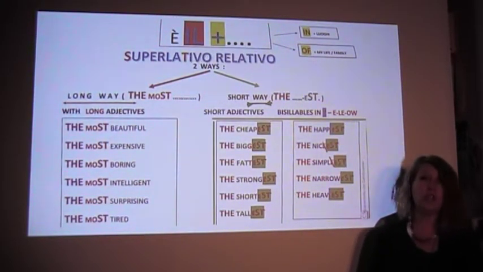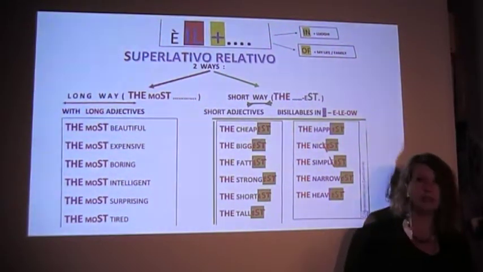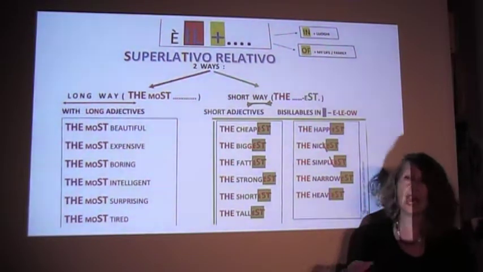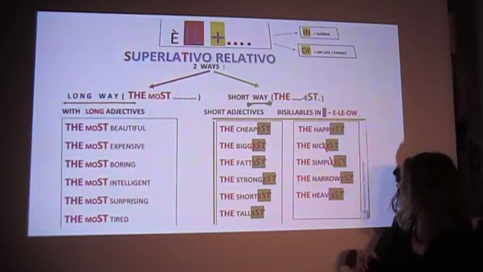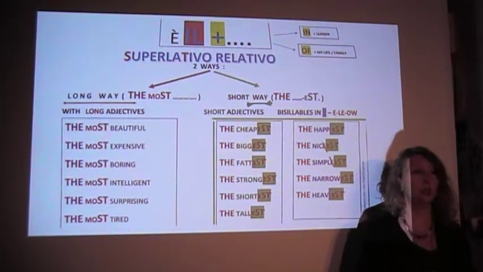You change the Y in I before writing the suffix est. So the happiest, the nicest, the simplest and the narrowest. Okay, next one.